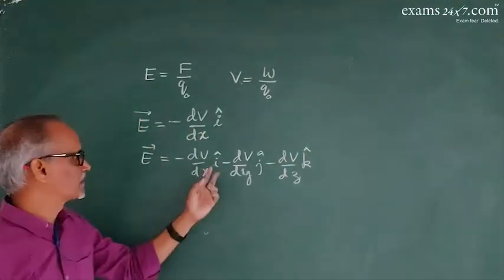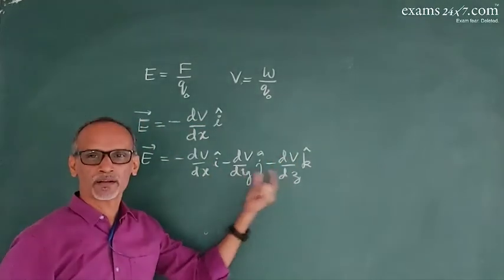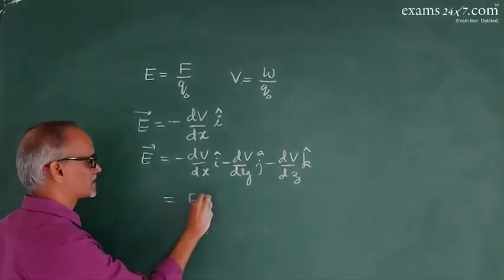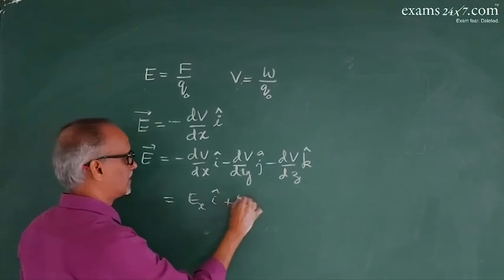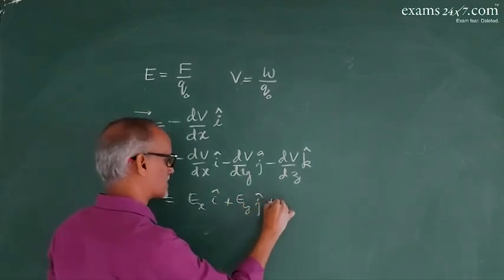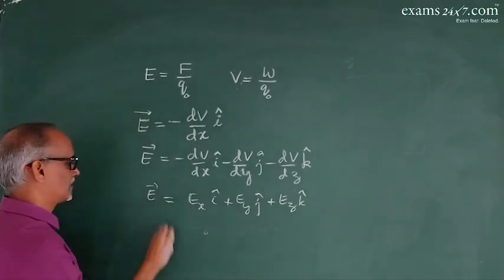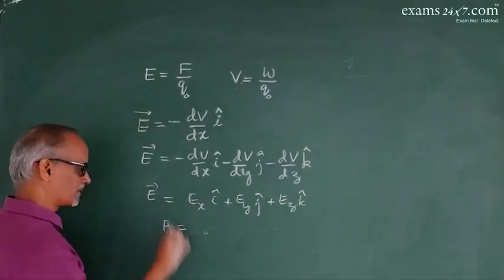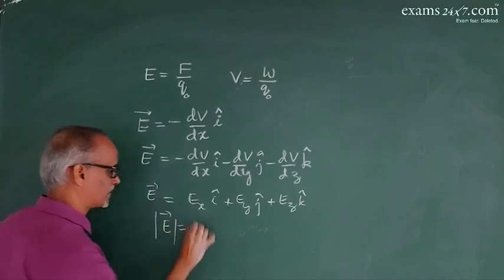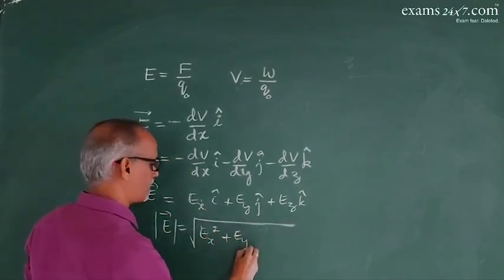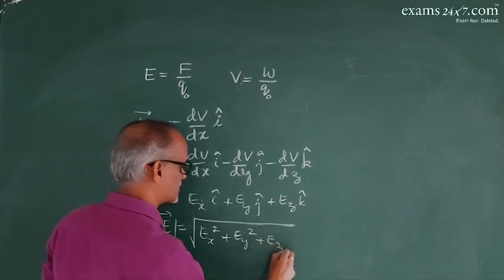So that's the electric field, and these are the components of the field along x, y and z. Therefore this is equal to Ex i cap plus Ey j cap plus Ez k cap. That's the E vector. Therefore the magnitude of the vector E is root of Ex square plus Ey square plus Ez square.